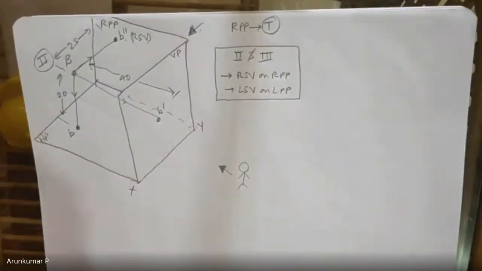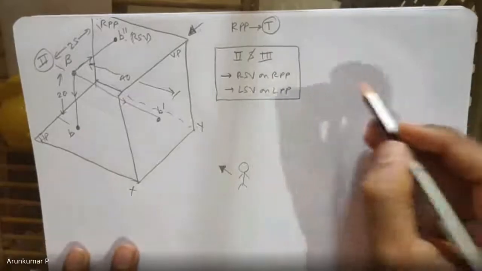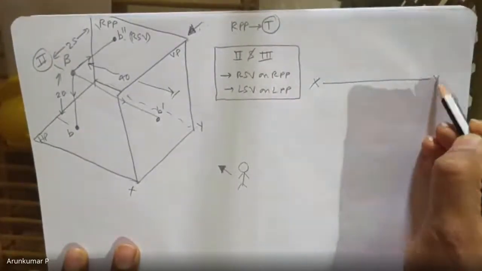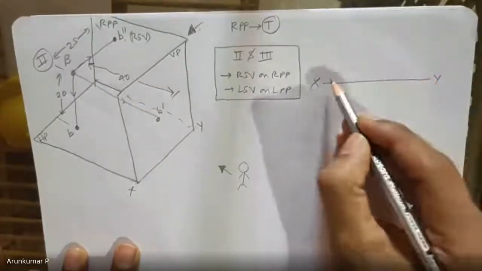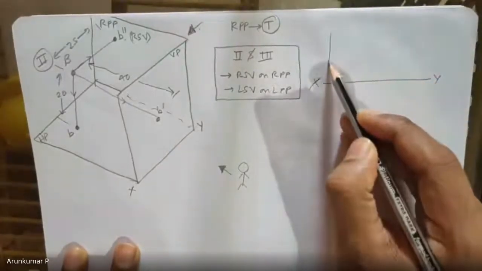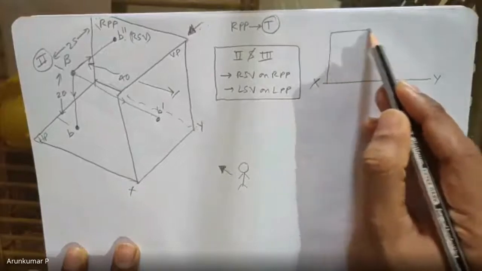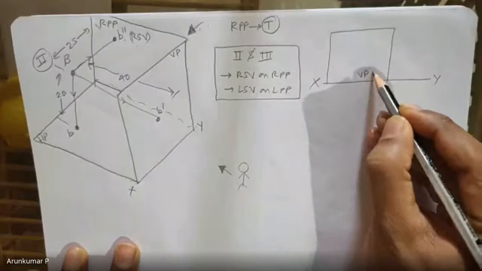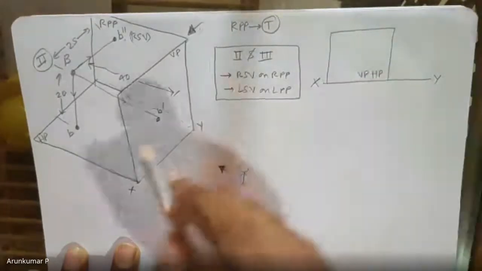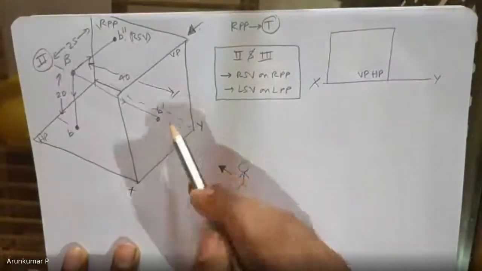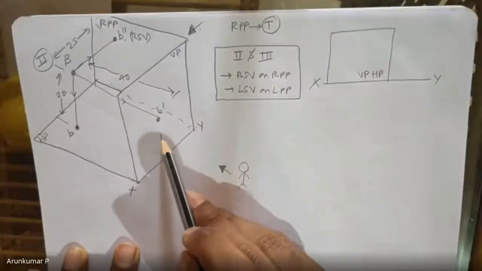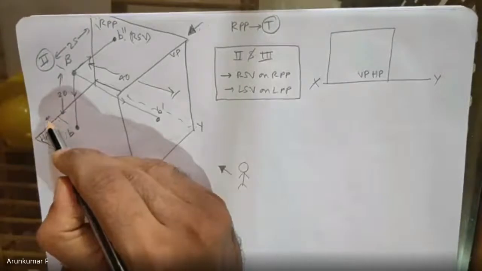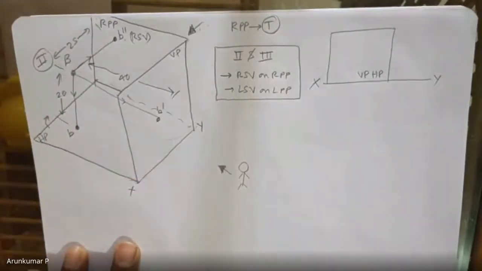Okay, and then how to solve this? This is the arrangement of planes. So you have VP and HP, both above the XY line in the second quadrant. If you remember, VP is fixed, HP rotates in the clockwise direction by 90 degrees.